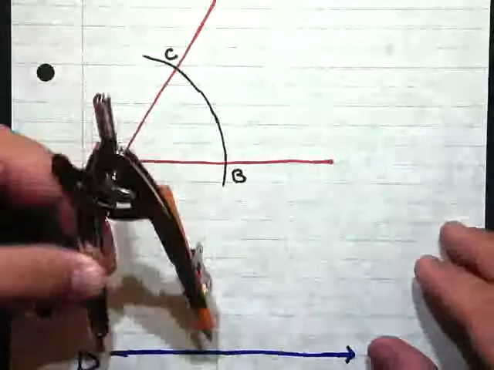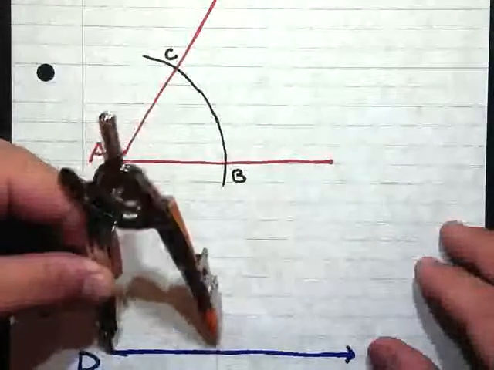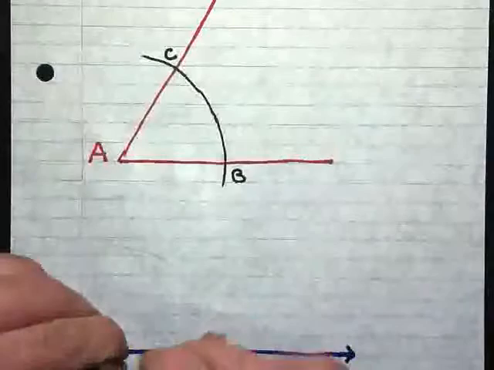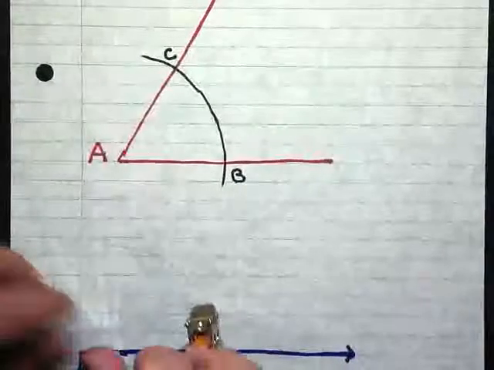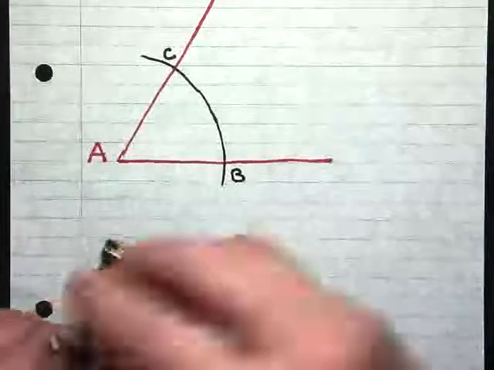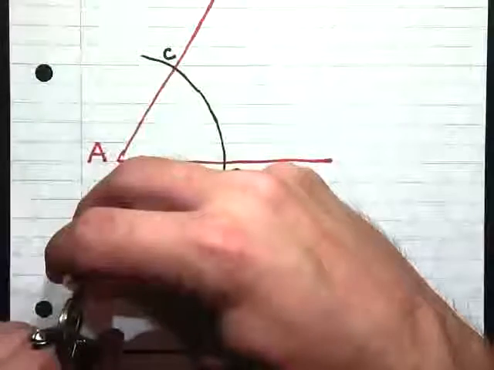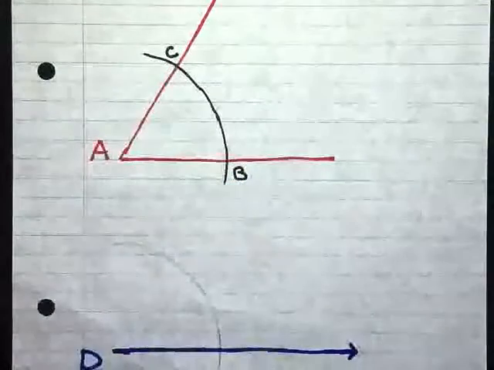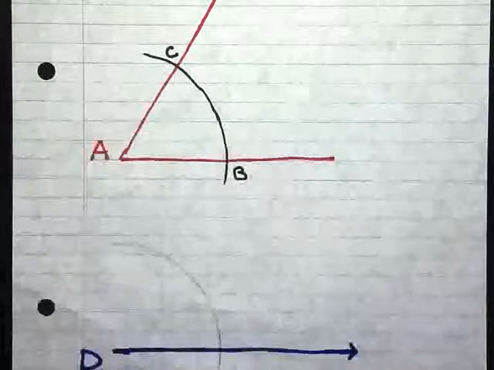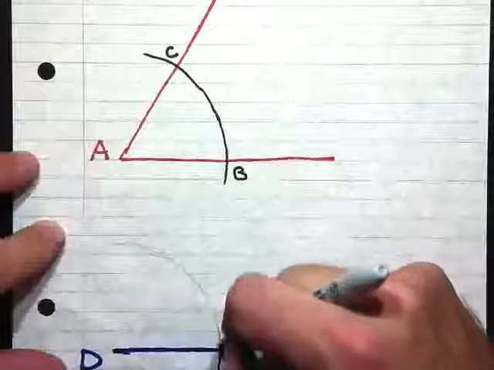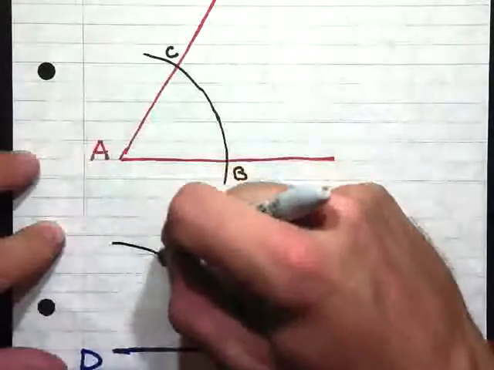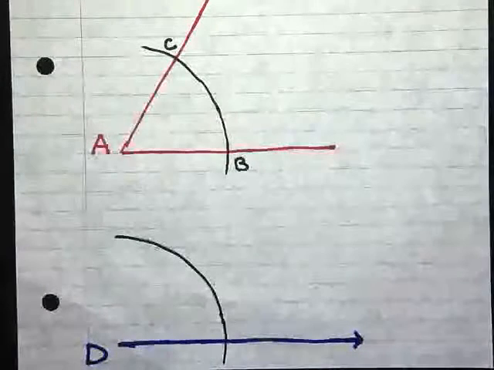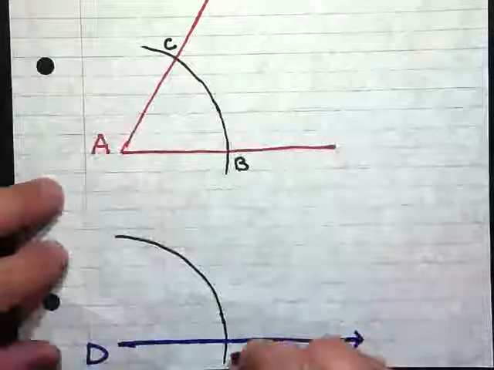So I place the compass point at D and strike my arc through my ray. I want to extend this all the way up past where my angle would be, because I'm going to use it after the next step. I color this in black so you can see it. There's my arc from D, and I label the point of intersection E.